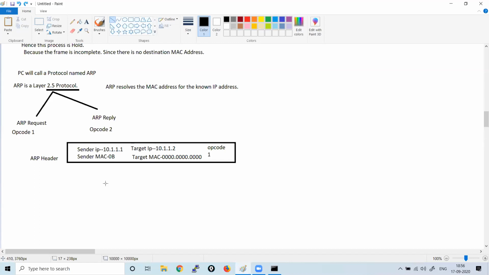Why? Is layer 2 authorized to open the IP header? No. What is the limitation in that? Why can't it open that? Because it may tamper with the IP address?